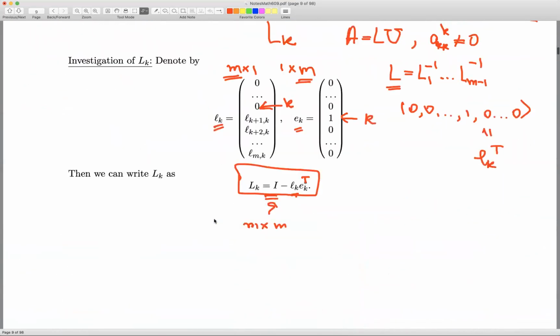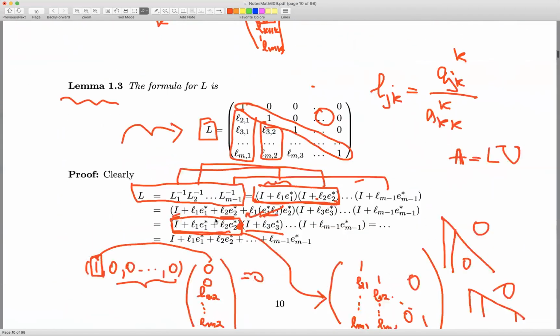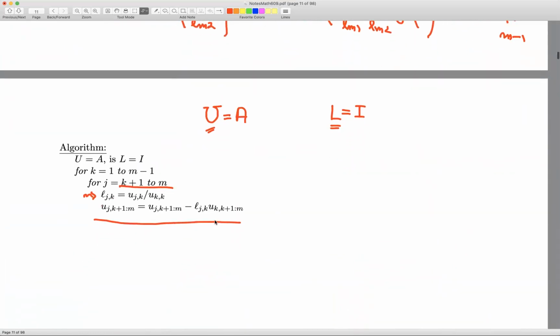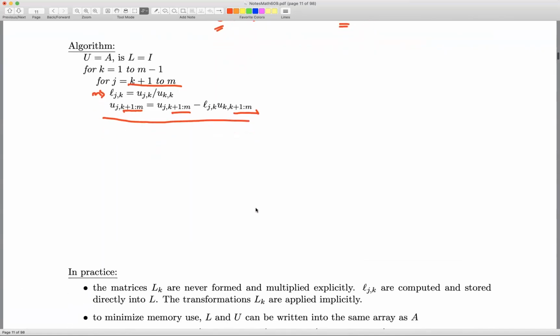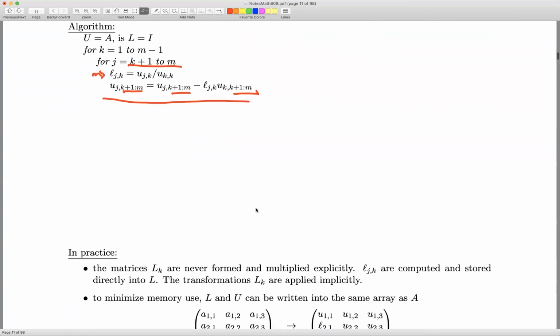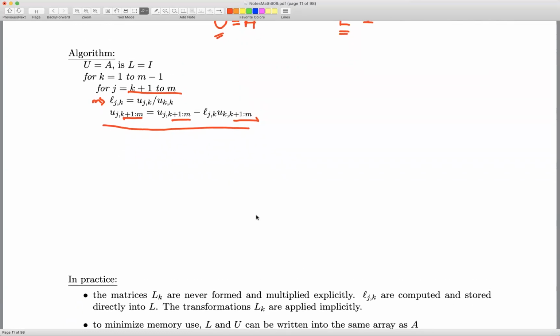And here it is written in a syntax in which instead of having the second index running from k plus 1 to m, this tells you that the second index basically changes from k plus 1 to m. So this is the algorithm. In practice, as I discussed before, the matrices LK are never formed and never multiplied explicitly. This is what is done in practice, that algorithm.